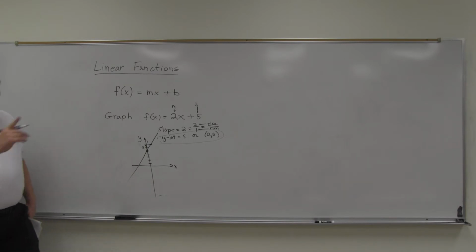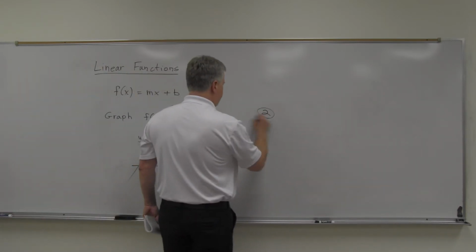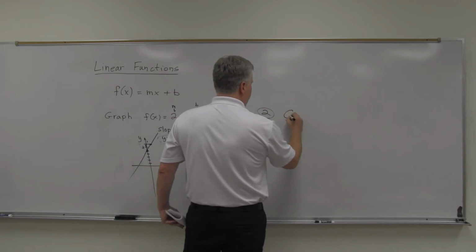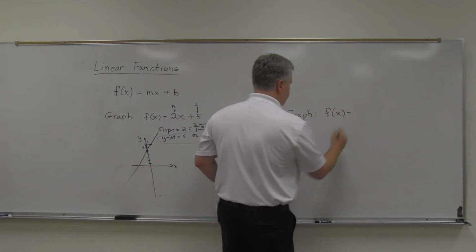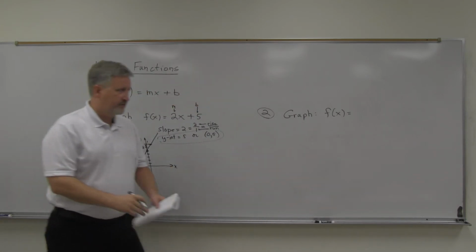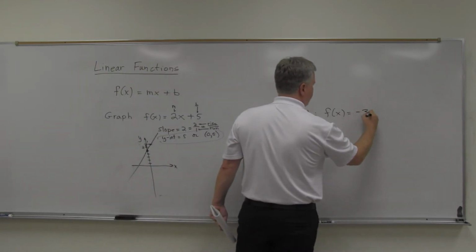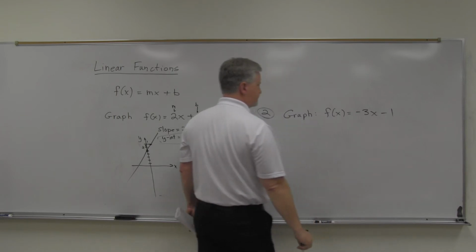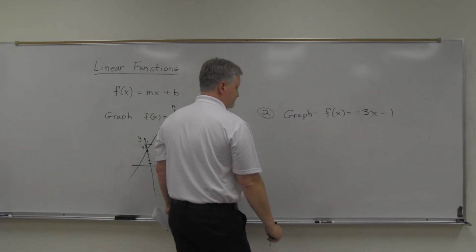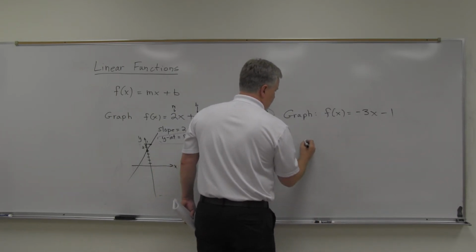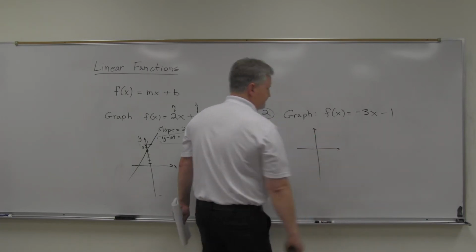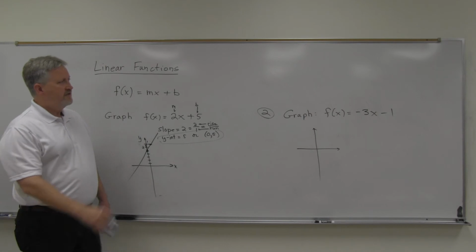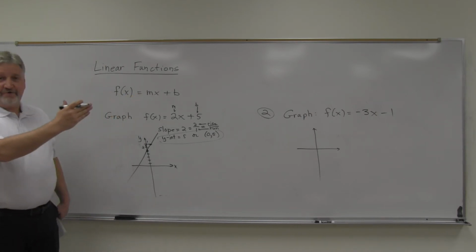Okay? So let's do one more of those. Do one with a negative slope. All right, so let's graph f of x equals negative 3x minus 1. All right, so we do it off of just the equation there.